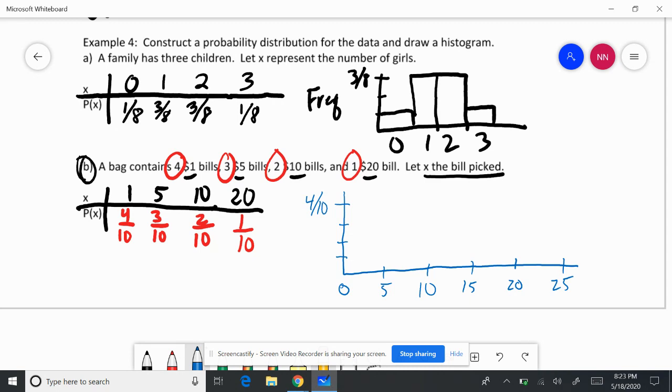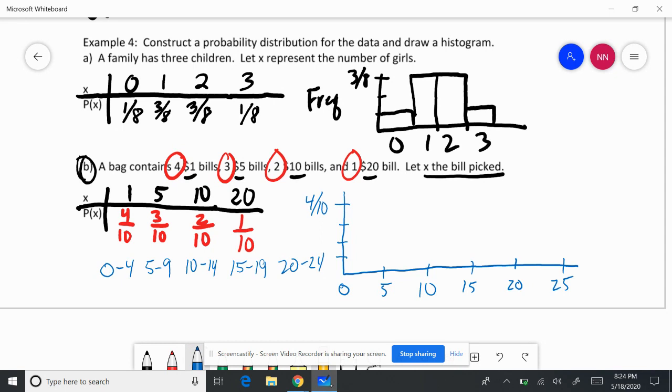And from 0 to 5 is really 0 to 4. The next one is 5 to 9. The next bin is 10 to 14. The last one is 15 to 19. And then what we have is 20 to 20.